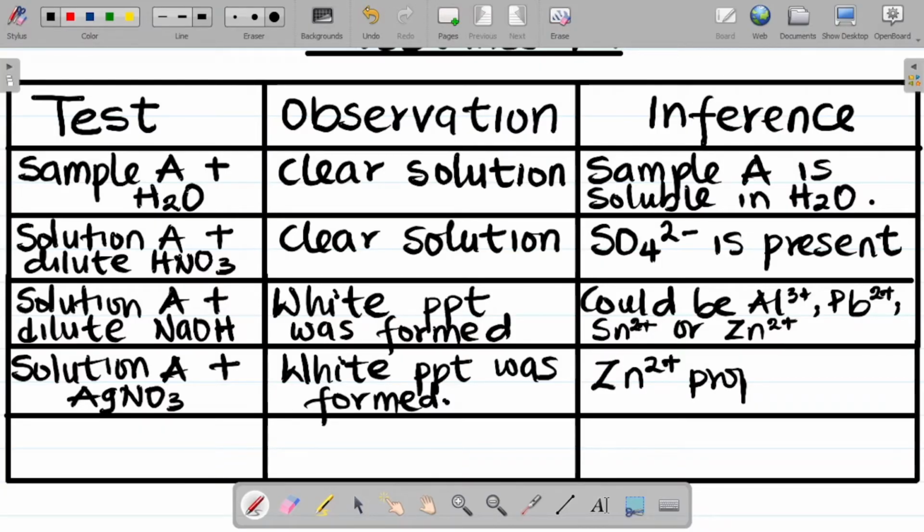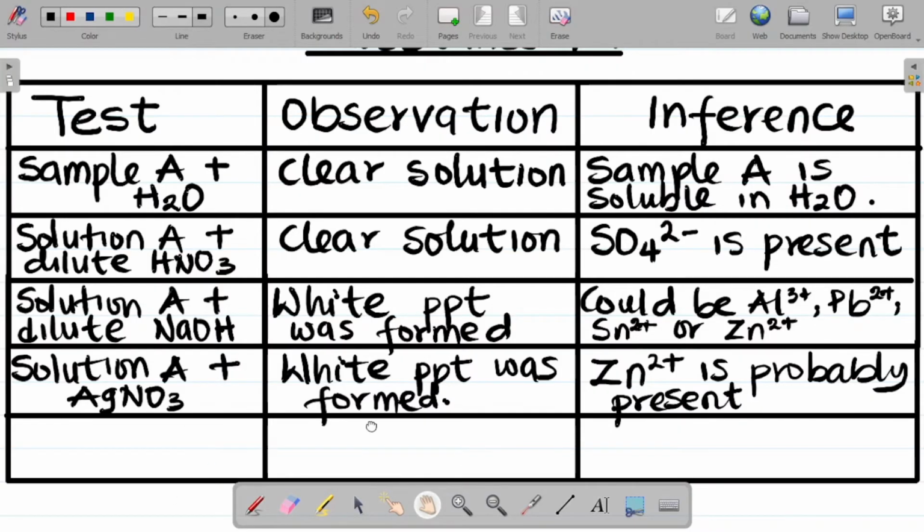I write Zn, zinc ion is probably present. Again, just like I showed you, if you go back to your manual, you see something like this there, if you have the silver nitrate reactions there.